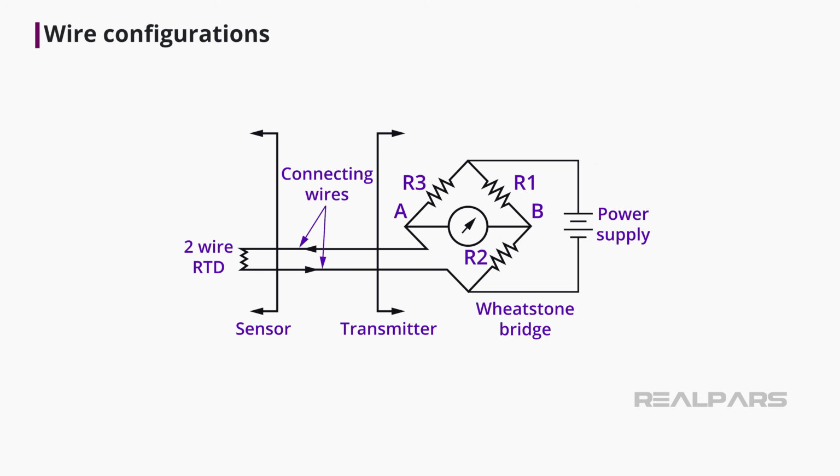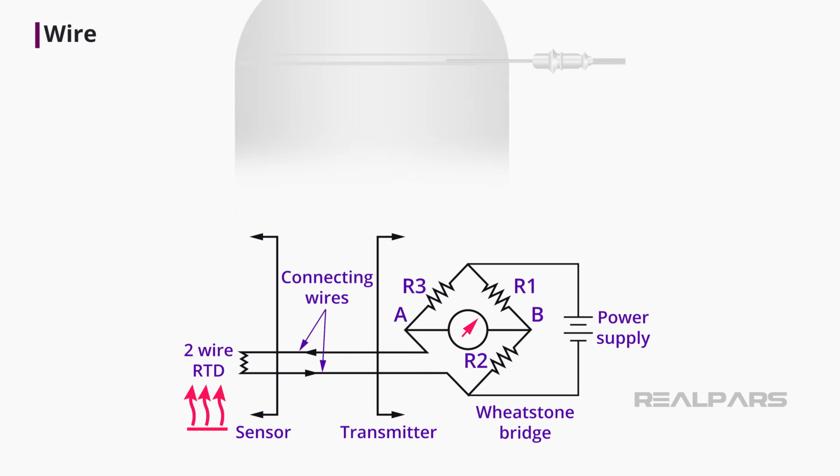The Wheatstone bridge is composed of 3 resistors, a power source, and a voltmeter or a voltage transducer. The bridge is at null balance when the measured current flow of the 2 legs of the bridge is 0. That is, the 0 set point of the RTD's output temperature. As the temperature increases, the voltage or current read by your voltmeter or voltage transducer also increases.